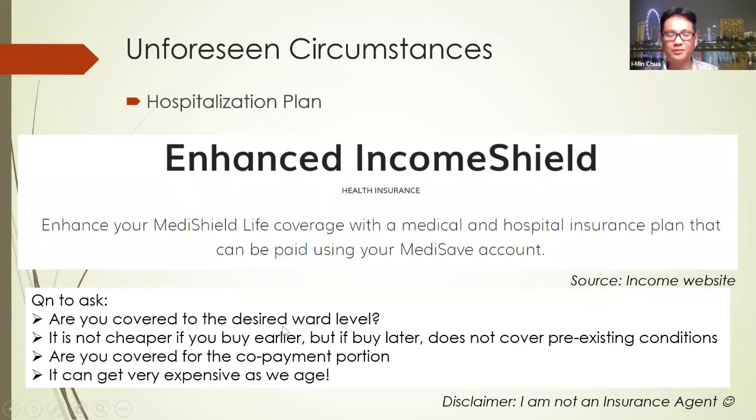But if you buy later, it does not cover pre-existing conditions. If you buy at, for example, 60 years old, a lot of us will have certain pre-existing conditions that cannot be covered. So yes, it still makes sense to buy earlier so that all conditions are covered.